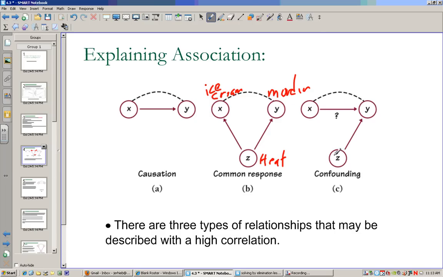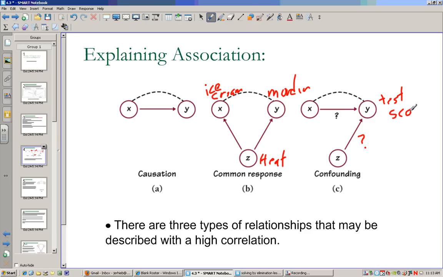Now, confounding variables means that y is being affected, and it might come from x, and it might come from z, or it might come from 100 different other variables. An example of something that would be confounding would be test scores.